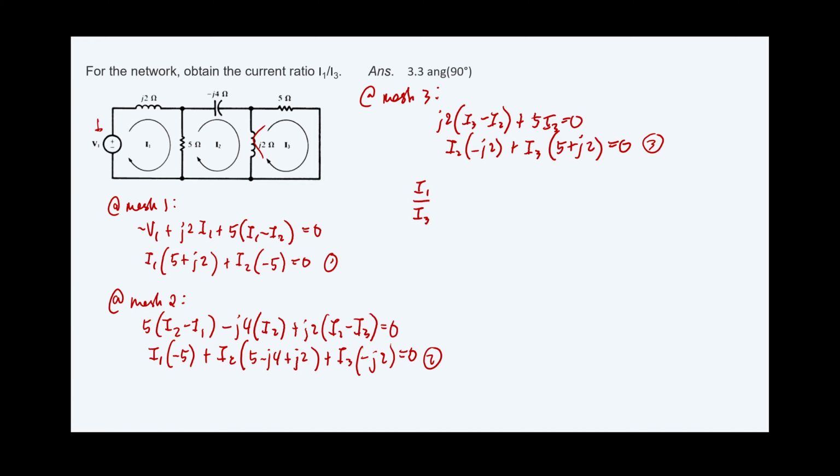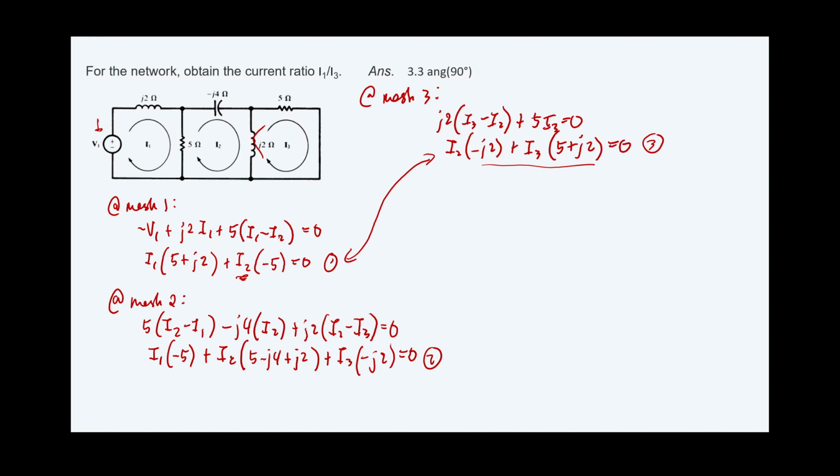So how do we solve that? Very simple, this is only algebra. Actually, we can use two of the equations here and replace I2 with its equivalent in terms of I3. But the usual process is to find I1, I2, I3, and you cannot use complex numbers in solving using your calculator.